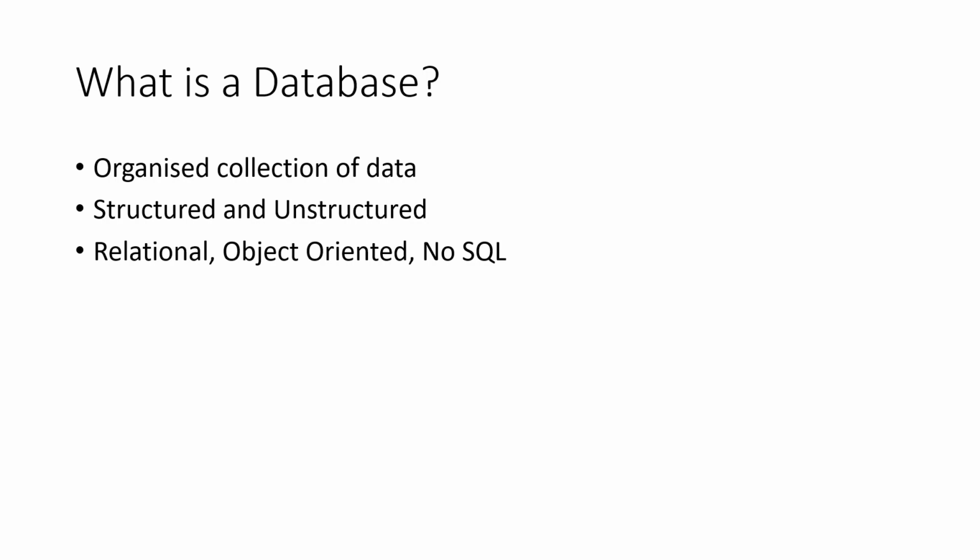There are different types of databases, including relational, object oriented, and NoSQL databases. Our main focus in this course will be relational databases. They store and provide access to data that are related to one another. So that's the difference between a relational database and other databases.